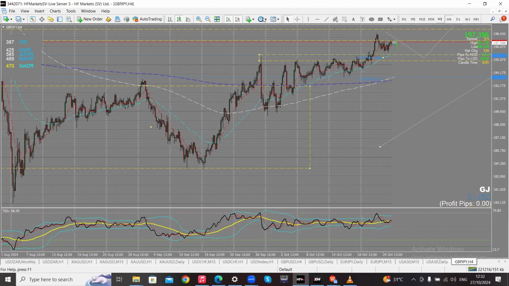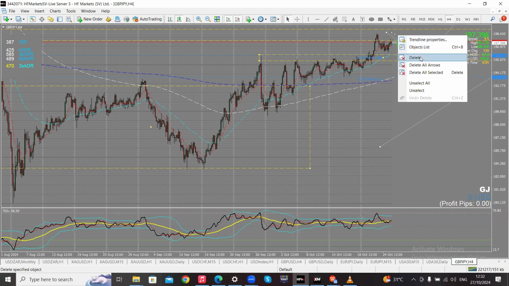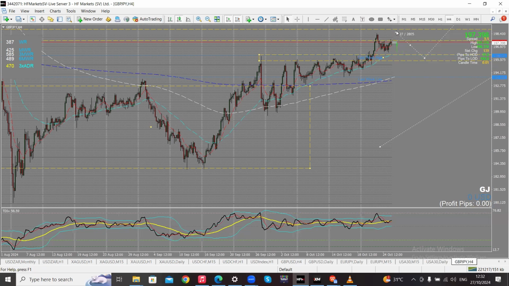So from a 4-hour time frame, this looks like it's a sound idea, and I'm sure price would likely have this particular structure so that price continues to go up.